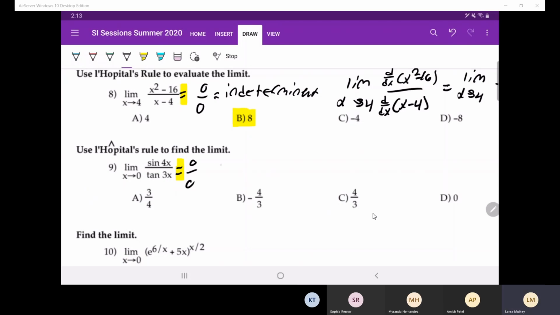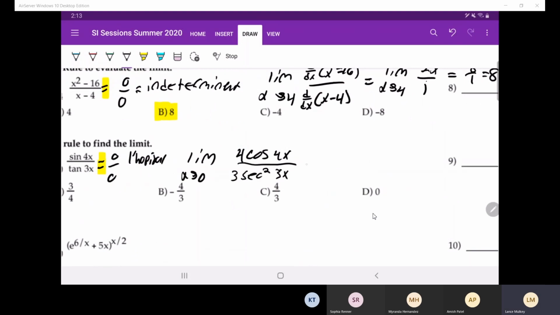So if you take the derivative of the top, using L'Hopital, you get the limit as x approaches 0 of 4 cosine 4x over 3 secant squared of 3x, which equals 4 times 1. Oh, wait, no.